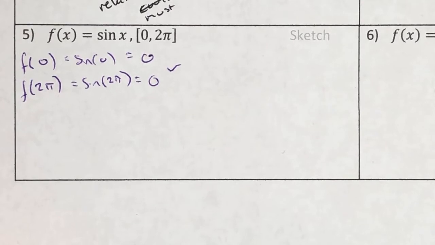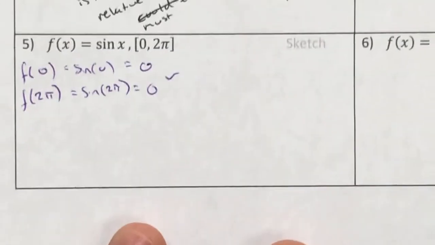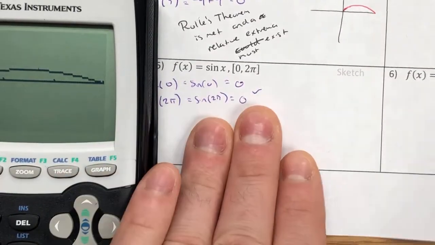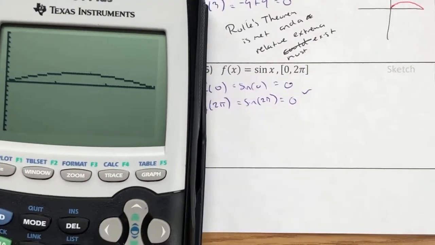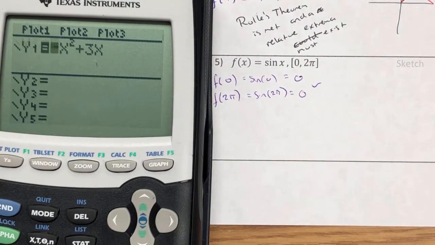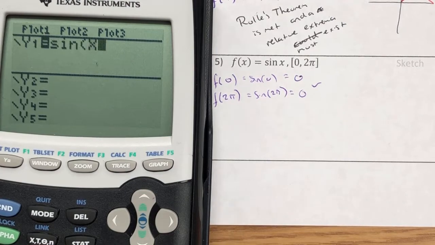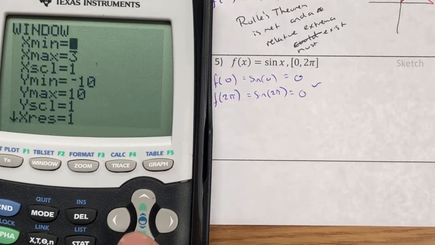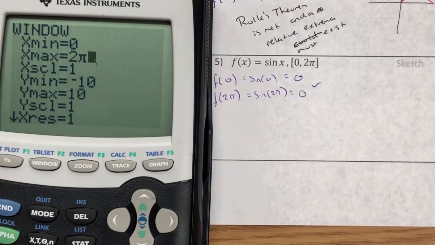What I then need to check is to make sure there are no asymptotes, holes, or jump points in the middle. So let's take a peek at what the graph would look like. We're going to set our y value, clear this out, and we have the sine of x. Now we know what the sine of x looks like in general, so let's set this to 2 pi.